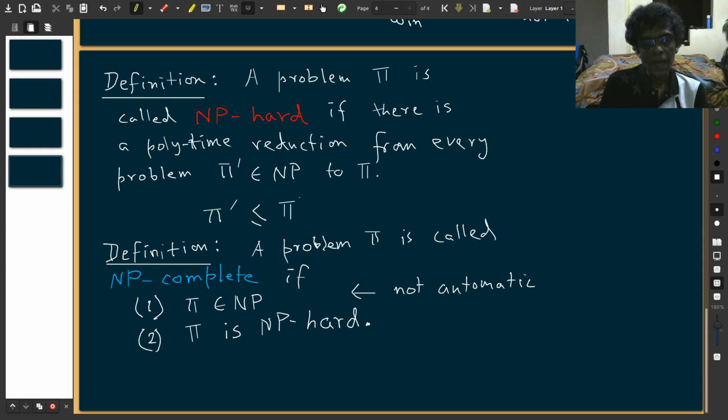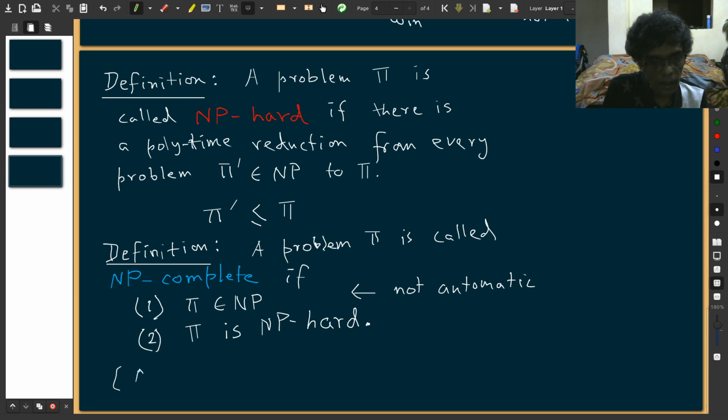So, I have identified some problem in the class itself which is at least as difficult as all other problems of NP. Okay. So, rightfully, therefore, NP-complete problems can be thought of as the most difficult problems in the complexity class NP. Okay.